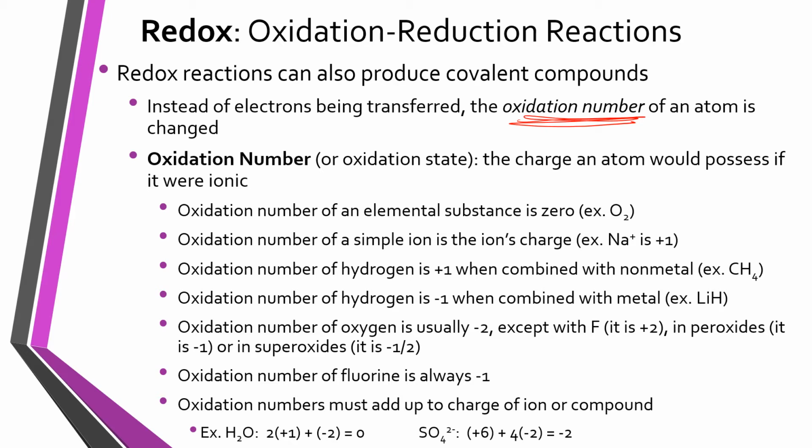It's a number that is given to an atom in order to see how the electrons move around in a chemical reaction. So the way we give something an oxidation number is we look at an atom within a covalent compound, such as, let's say, water.